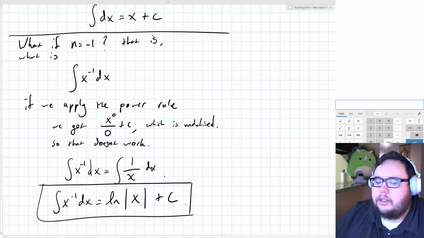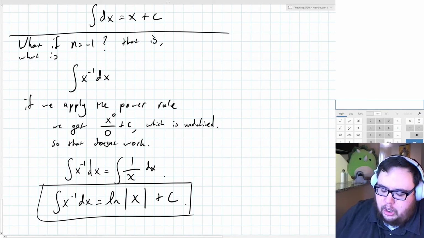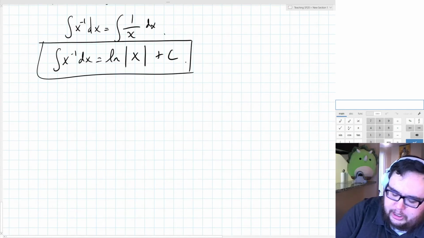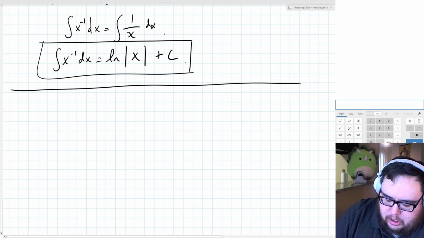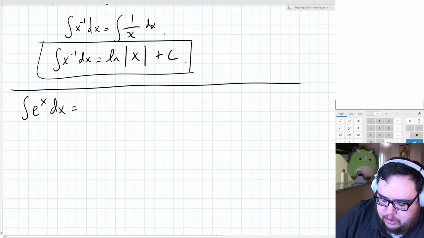The other integral formulas that we're going to see are just derivative formulas in reverse. So in particular, we get the integral of e to the x dx is equal to e to the x plus a constant.